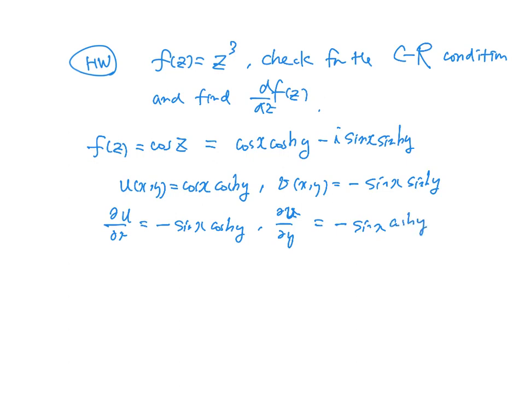So they are the same, right? So we have this relation. Partial u partial x is partial v partial y. How about partial u partial y? It is cosine x, and if we differentiate cosine hyperbolic y, you obtain sine hyperbolic.